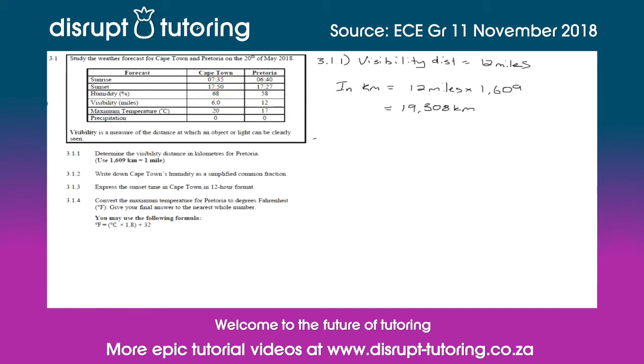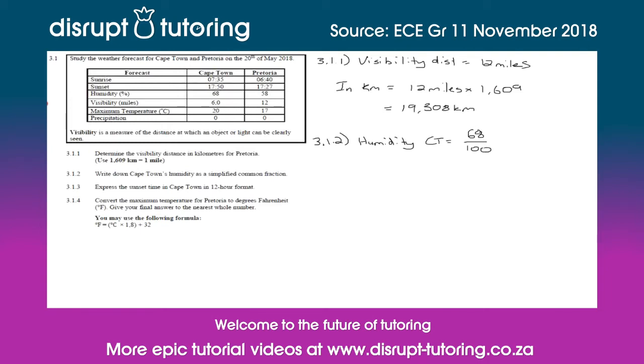So for 3.1.2, the humidity of CT is going to equal 68 out of 100, because it's a percentage.